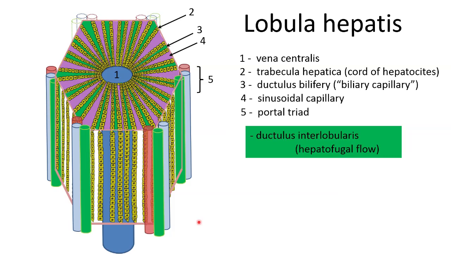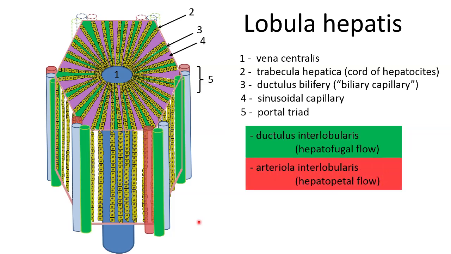Hepatofugal flow. And this red vessel is the arteriola interlobularis. It serves for nourishing each hepatocyte with oxygenated blood.